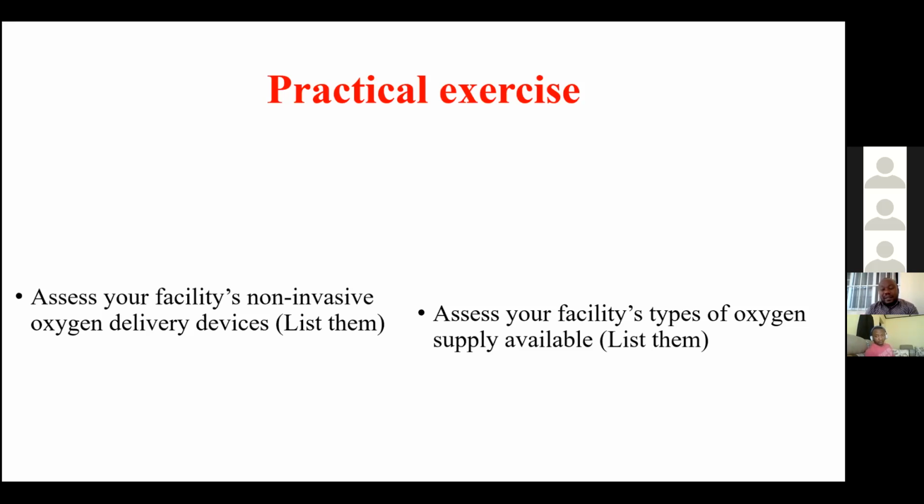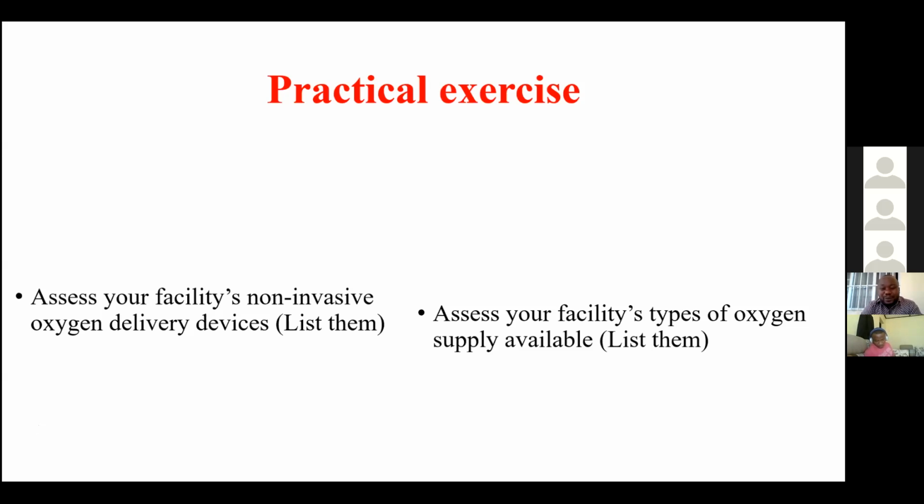The second thing I want you to do is assess the type of oxygen supply available at your facility. By so doing, you will say that near my health facility I may have the oxygen plant, I may have the bulk tank. You may go and then fill your cylinders, but please don't have a stock out of oxygen.